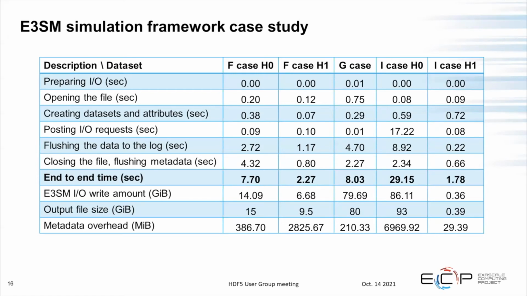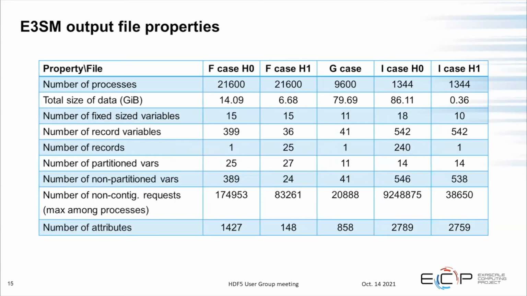Oh yeah, if we see the previous slide, for the I case you have 542 record variables and 240 records. If you multiply these two numbers, you get more than 130,000 H5Dwrite calls. So those small overheads add up with this number of H5Dwrite calls.